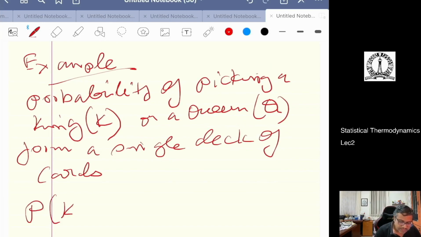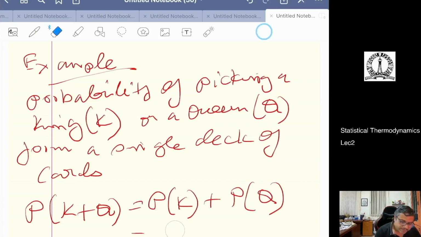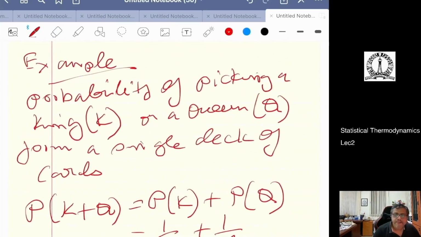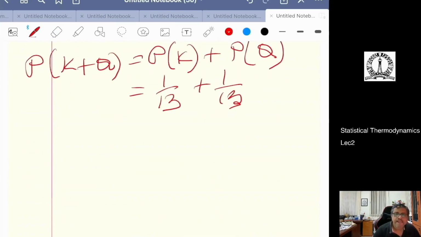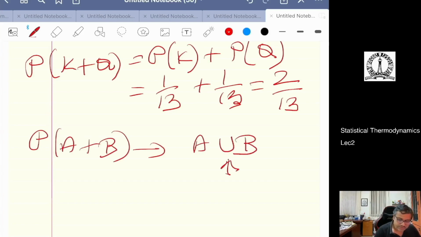So this will be P of K plus Q, which is the probability of getting a king plus the probability of getting a queen, which means it is 1 by 13 plus 1 by 13, which is basically 2 by 13. Okay. So probability of A plus B is more like A union B. It's like a union.